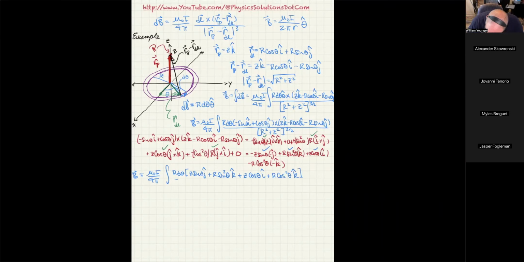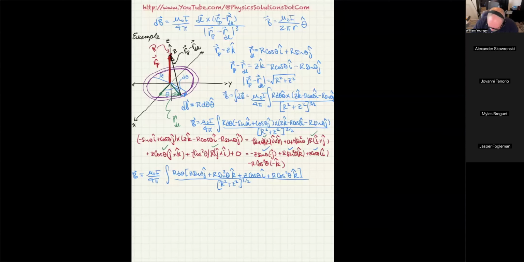Now I've completed the entire cross product and written it down, and I have r squared plus z squared raised to the 3/2 power in the denominator. So now I've gotten basically everything.